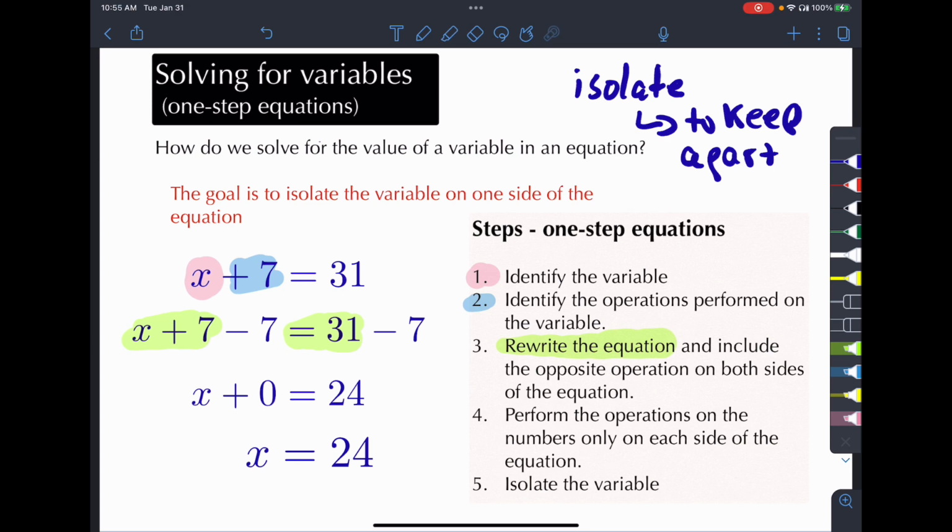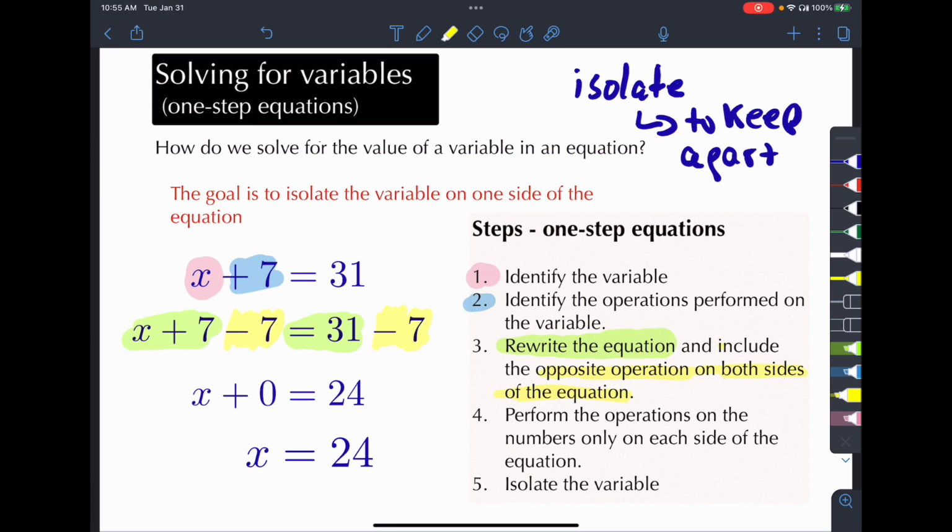Now, we're also told to include the opposite operation on both sides of the equation. I'm running out of colors to highlight here, so let's do this in yellow. We want the opposite operation on both sides of the equation. The operation is the plus 7, so the opposite of plus 7 would be minus 7. So that's what we're doing on this side of the equation as well as on this side of the equation.